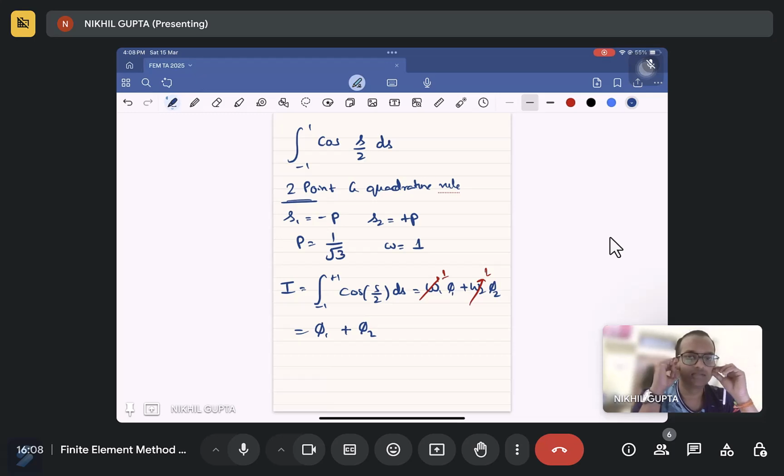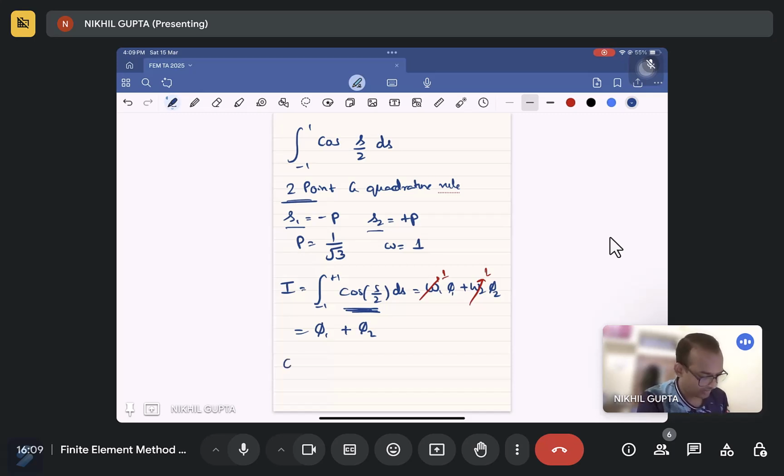So tell me what the general rule of solving a Gauss quadrature is. This is the value of the function at that sample point. Yes, correct. So phi 1 is the value of this function at s1, and phi 2 is the value of this function at s2.